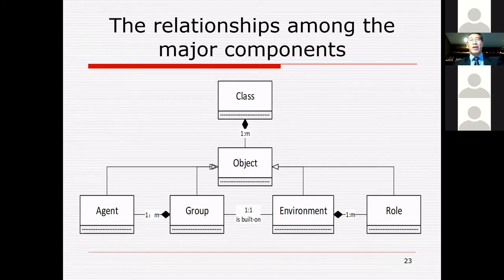And between a group and an environment, there is a one-to-one relation. So every group is established on an environment. You can imagine your new university. Before the university is established, you need to build an environment for the campus, for the money, for the positions, for how many seats for students, and labs, right?